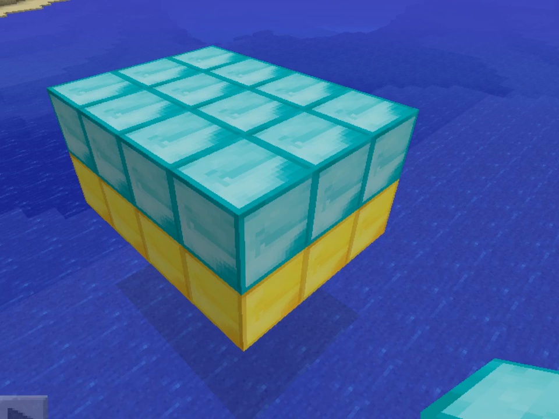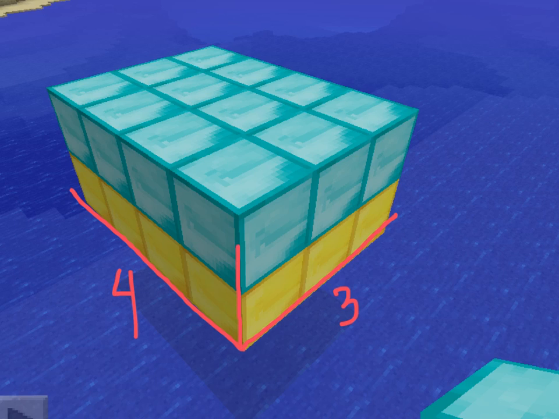So now we've added a second layer to our rectangular prism. Now, we'll notice that the width and the length remain the same. The width is 3, the length is 4. But we've had a change here. The height is now 2 units, where before it was only 1. Now we know that this yellow base of the rectangular prism is 12 cubic units.